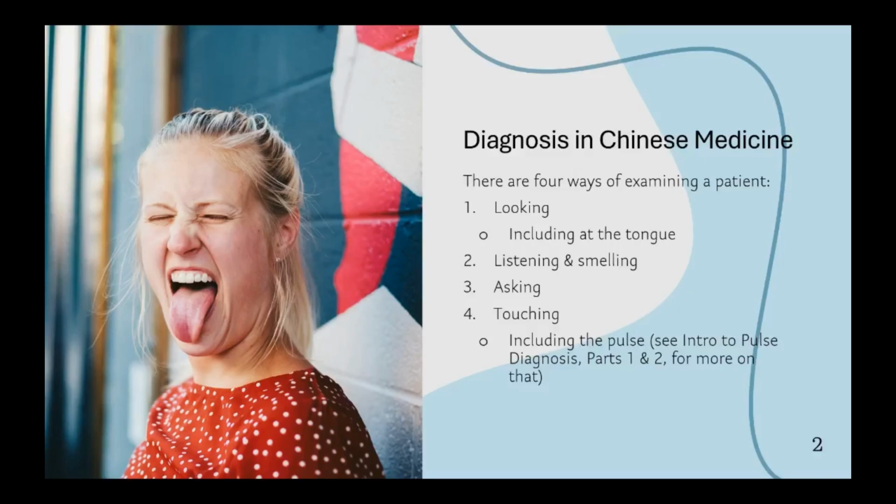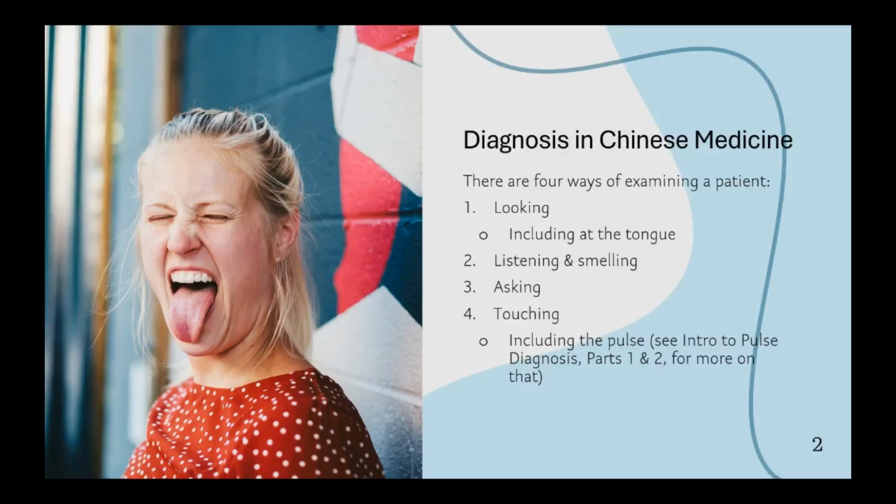This could be looking at their body, at their complexion, their body language, and also, of course, looking at their tongue. And hopefully they are not sticking it out in the way that this person is. We'll get into that later.